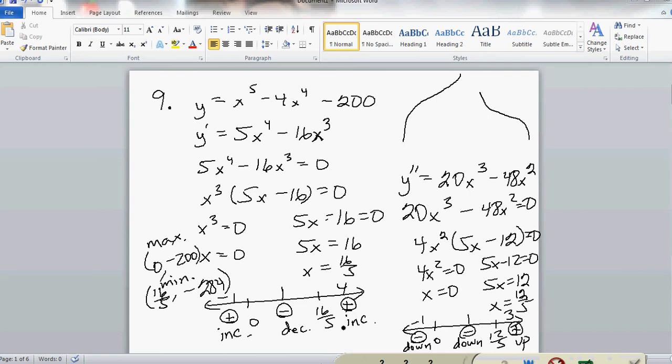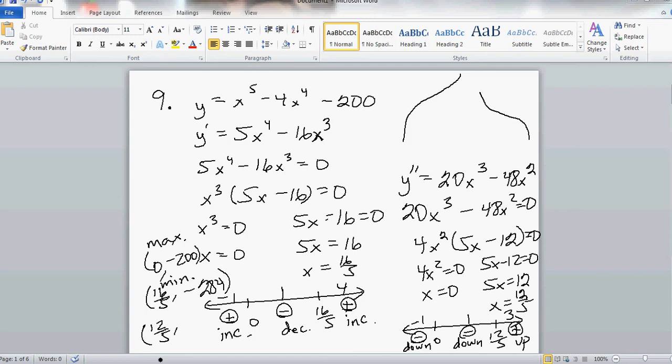So now we have this information here. We've already determined something happens at 0, negative 200. And then at 12/5 we're going to have to come up with yet another point. Plug 12/5 into the original, and once again this one's allowed to have a decimal approximation.